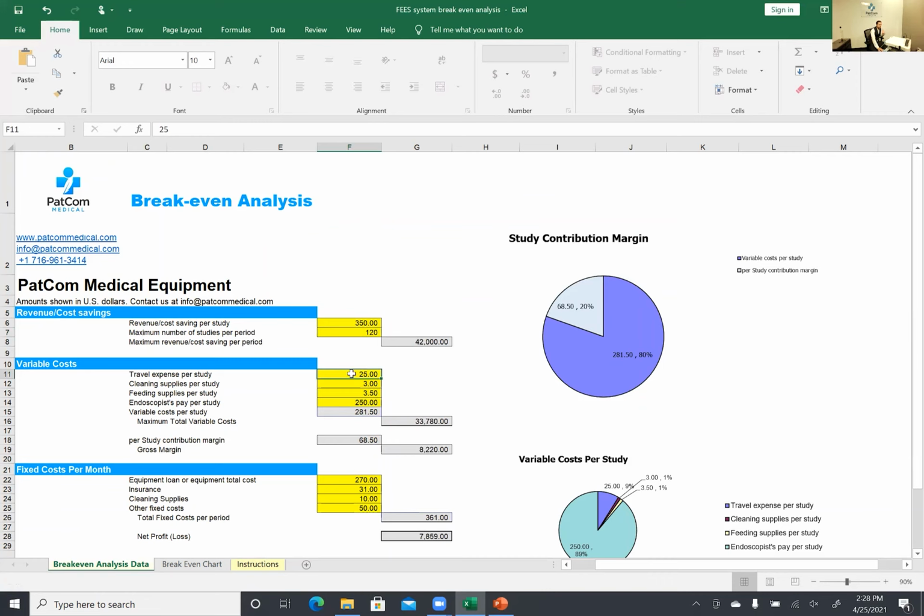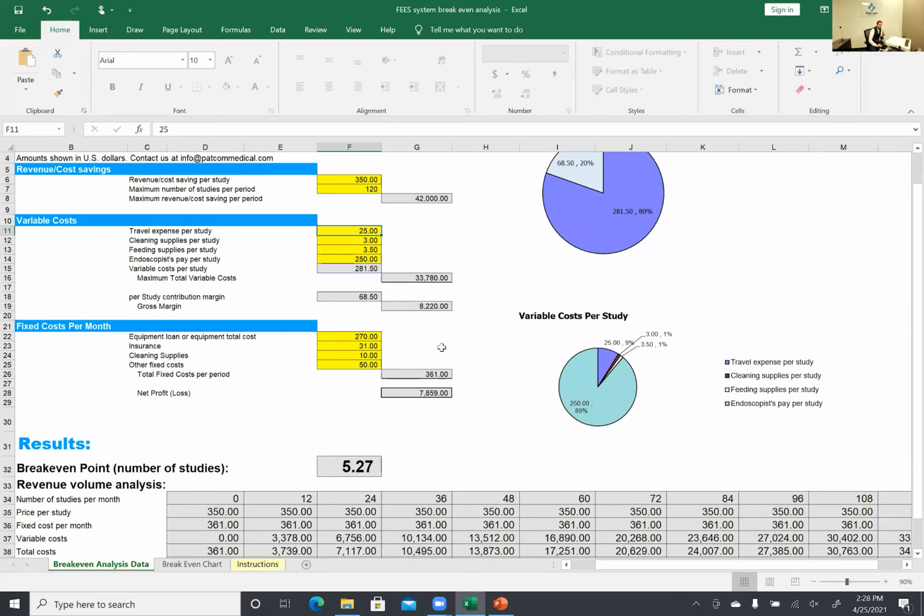The per study expenses do not change. That has nothing to do with the time period we're looking at. And then down here, equipment costs. So this is where, let's say $15,000 for the portable system. And then I got my insurance per year. In this case, it'll be something like $360 roughly.